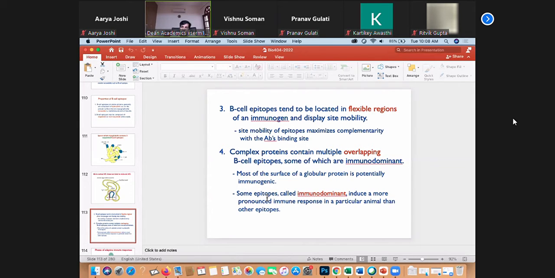And these days, finding the sequence of any antigen or any microbe is maximally a one-week job, right? You know that the coronavirus came in 2019, and within a month's time its whole sequence was published and available in a public database.